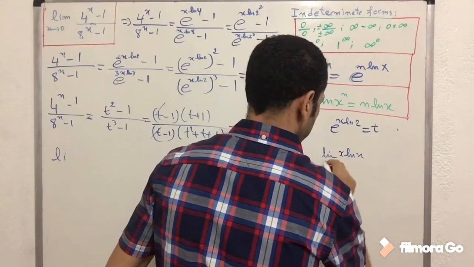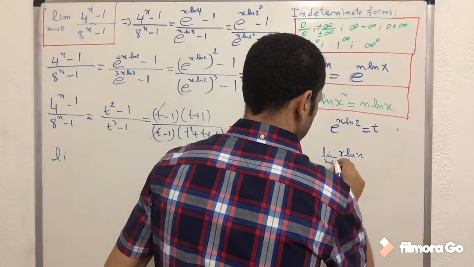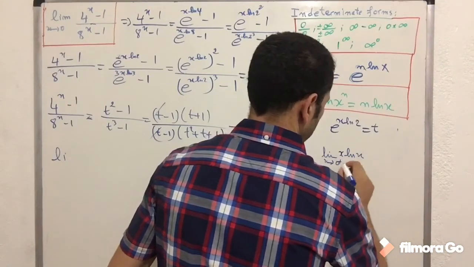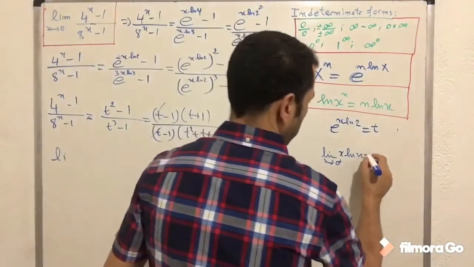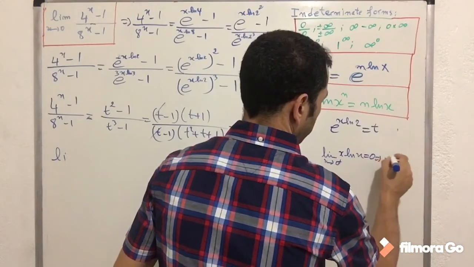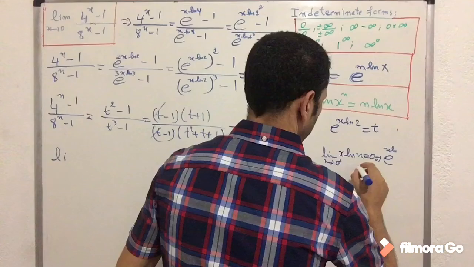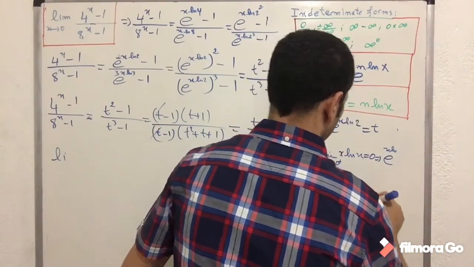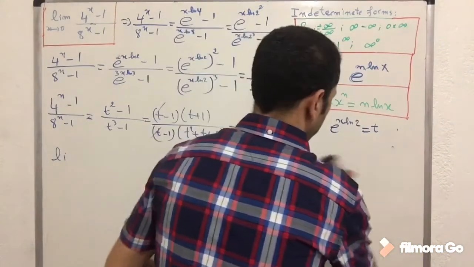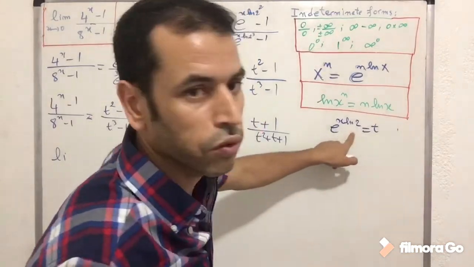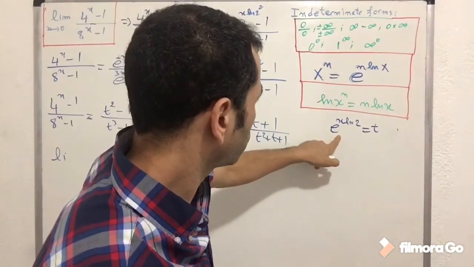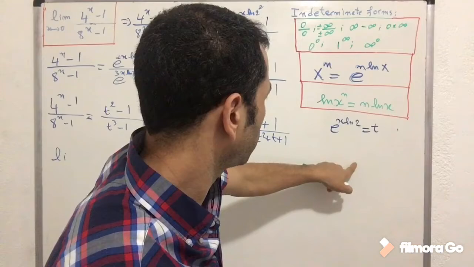As a rule, when x goes to 0 from the right, x natural log x goes to 0. But this one is easy to calculate because you have natural log of 2, so we don't need that rule.